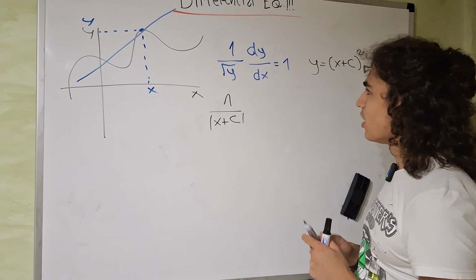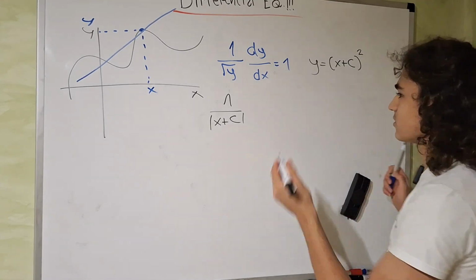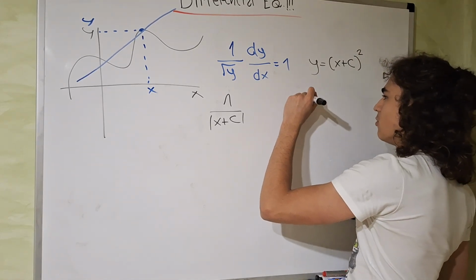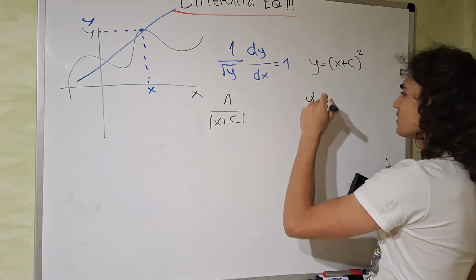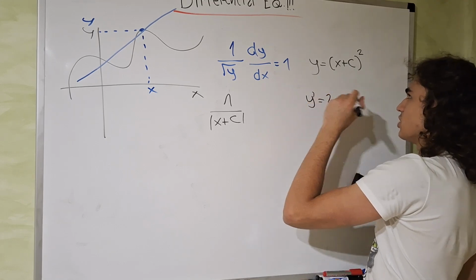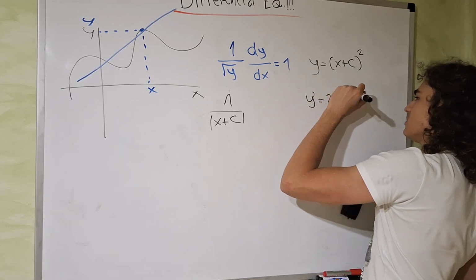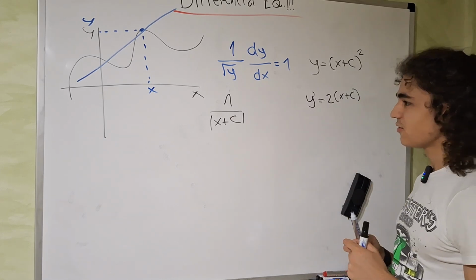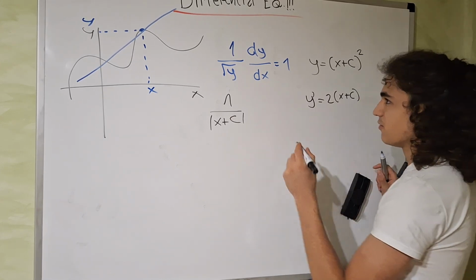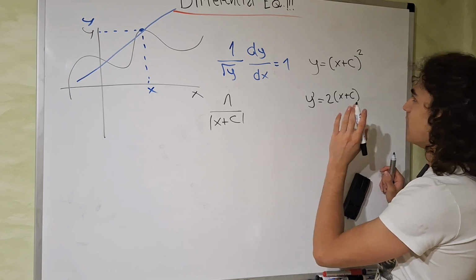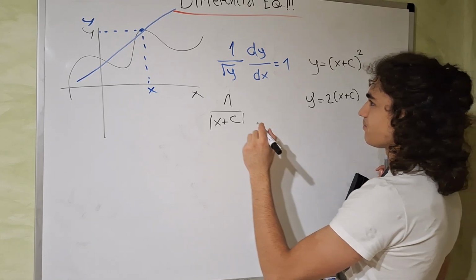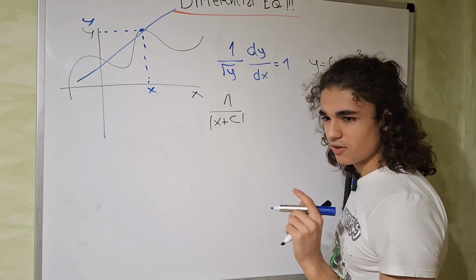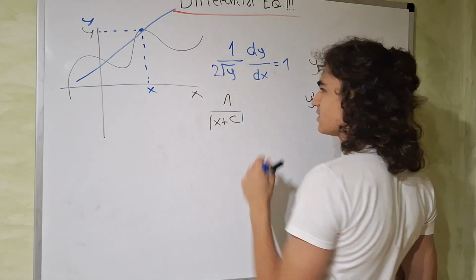Then we have dy by dx. Now let's compute the derivative. y prime, that is dy by dx, equals, chain rule, 2 times x plus c times 1. The derivative of the inside function is 1. Sorry, I forgot a 2 in front of this.